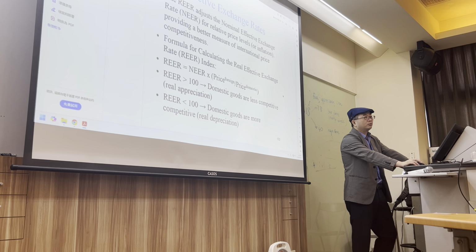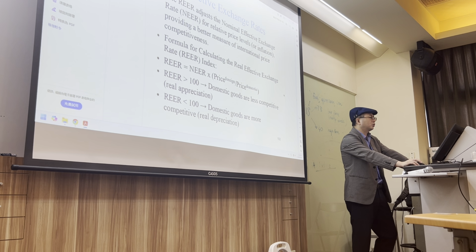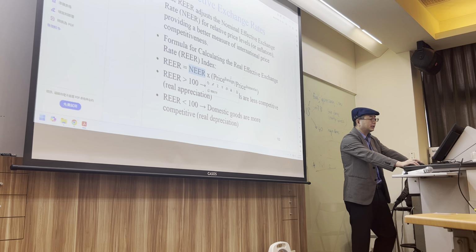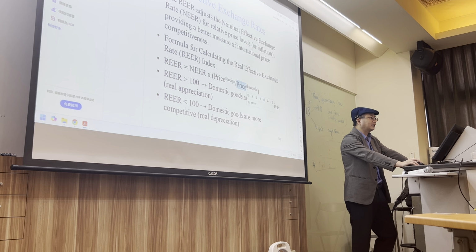And for the real one, it adjusts for the relative price levels, or sometimes we call it inflation, providing a better measure of the international price competitive advantage. The formula for calculating this real number is the nominal number times the price level of the foreign currency divided by the price level of the domestic currency.